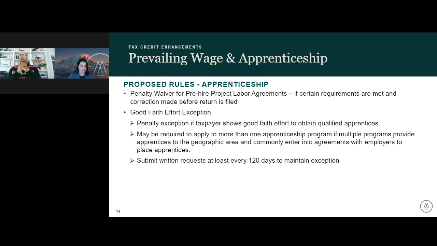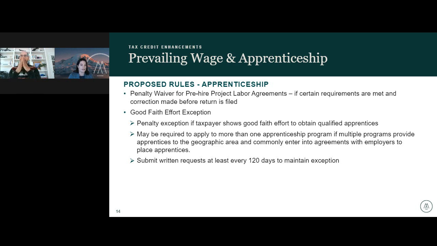To qualify for the good faith exception, you may be required to apply to more than 1 apprenticeship program if multiple programs are available to you based on the geographic area of your site location and the activities those apprentices will be performing.